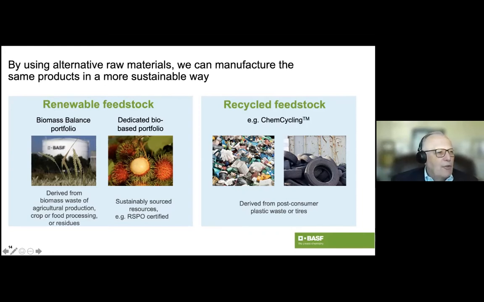And I think the real answer is there are going to be multiple ones. And this is particularly a solution for materials that are hard to recycle. Maybe they're multi-layer products, or the ones that are just inherently contaminated and can't easily go into mechanical recycling systems.